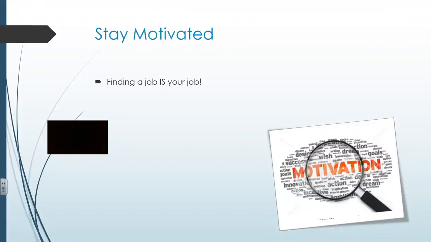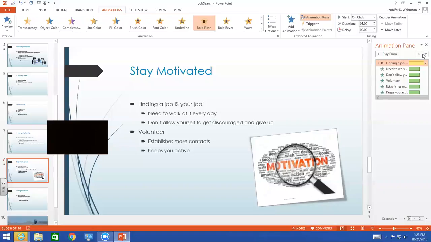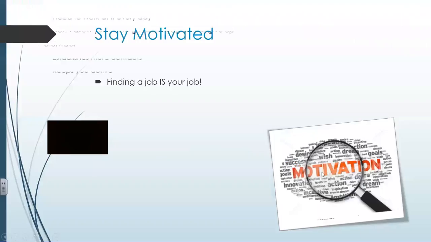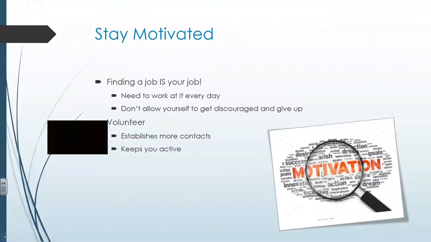Okay, so now my emphasis is not working. That's interesting. I'm going to change the start on click. I'm going to choose automatically or after previous. It's still not doing it.